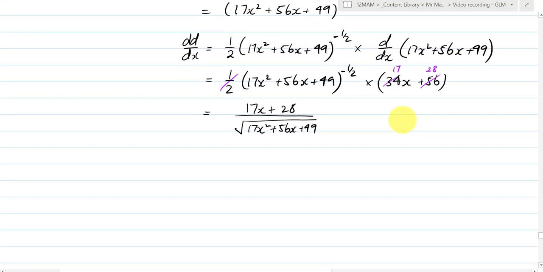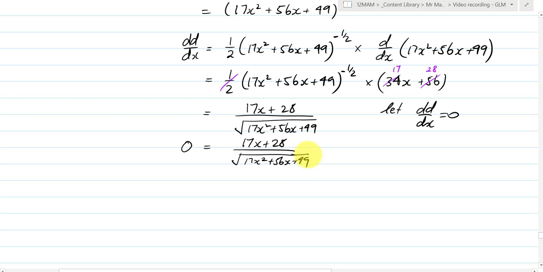And now I want to simplify this, so I'm going to let dD/dx equal 0 to solve and find the stationary point. So I get 0 is equal to 17x plus 28 over the square root of 17x squared plus 56x plus 49.